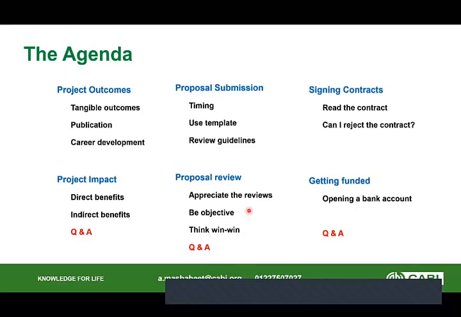Some of them are going to be technical, some of them are going to be financial, some of them might be geared more towards policy and what exactly matches the policy of the funding agency and delivers the objectives of the funding agency. So let's talk about the review process and how exactly we should navigate this stage.